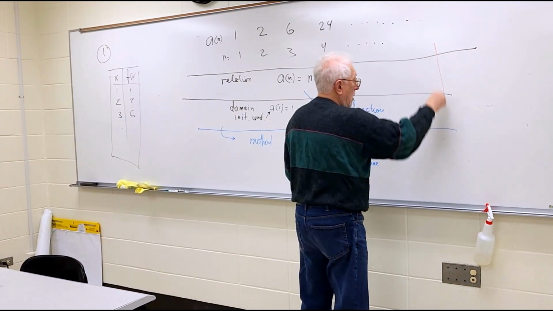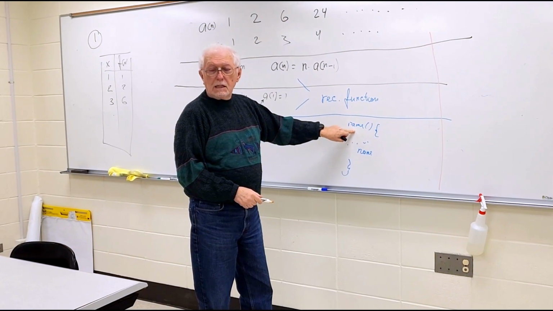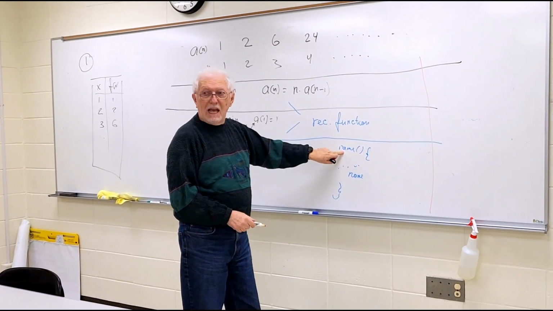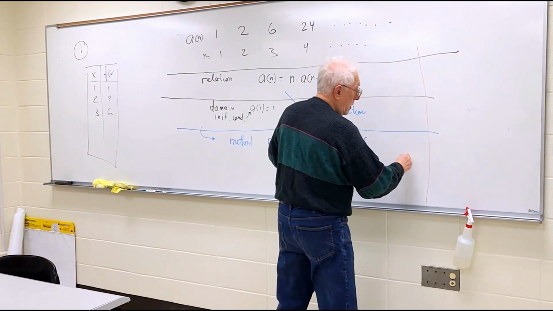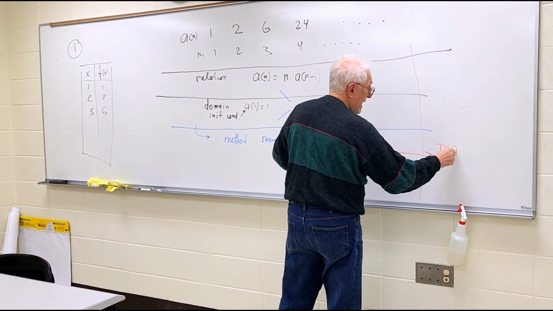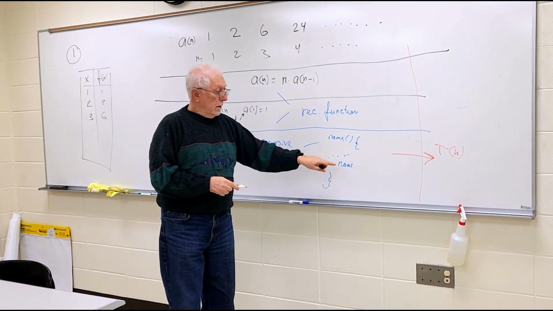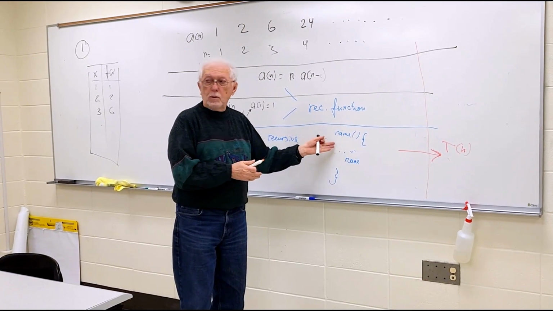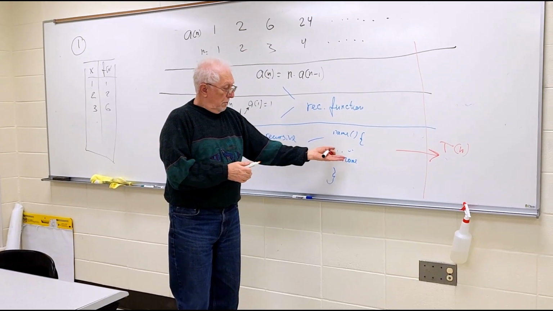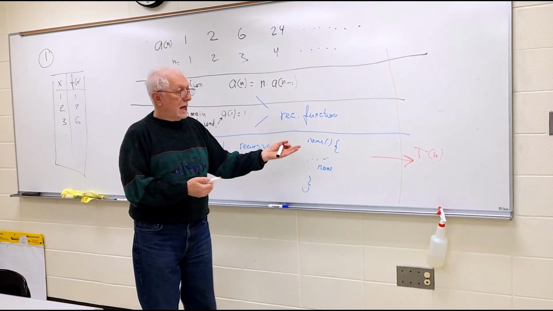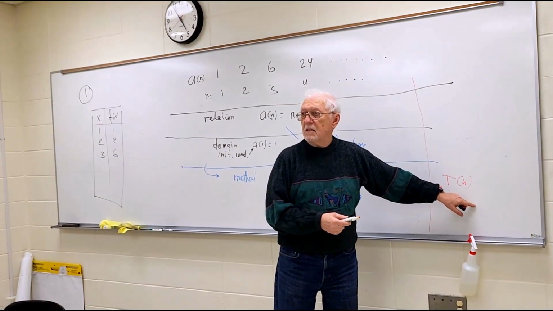Now, if you will take that method and try to find out how many steps it will take to execute it, then you will have time complexity function. And if you cannot directly compute time complexity function from the expression or from the body of that method, then you may create equation for the time complexity function.